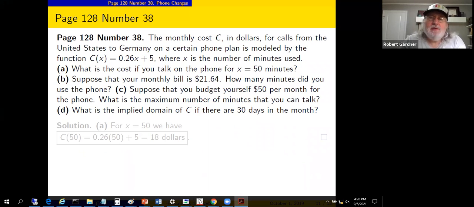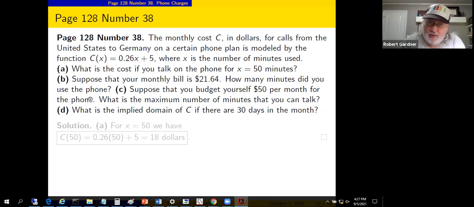Number 38 says, The monthly cost C in dollars for calls from the United States to Germany on a certain phone plan is modeled by the function C of x equals 0.26x plus 5, where x is the number of minutes used. Part A. What's the cost if you talk on the phone for 50 minutes? Part B. Suppose your monthly bill is $21.64.